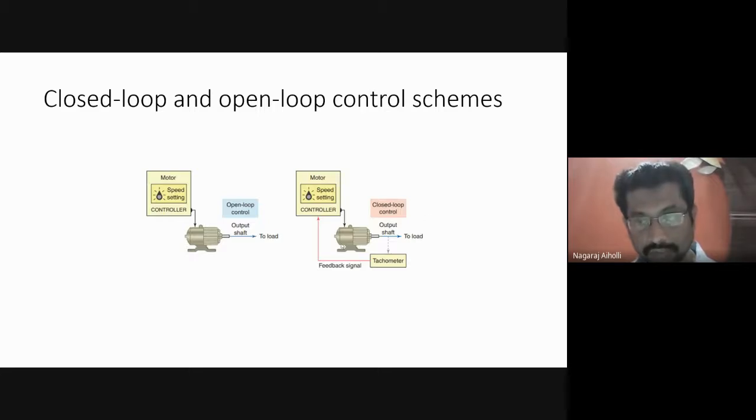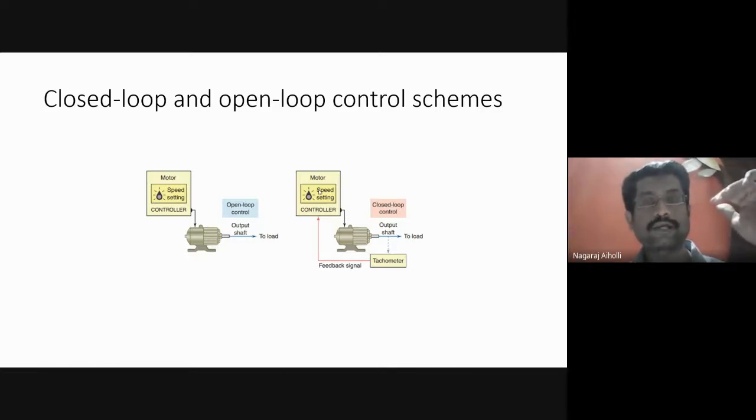Once it measures the speed here, it feeds that speed signal back to the PLC, and this PLC will compare the feedback signal, whatever is coming from the tachometer, with the set point value. It has a particular set point value, a certain fixed reference value, at which it wants the motor to operate.